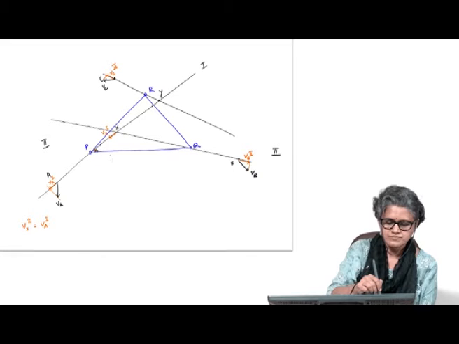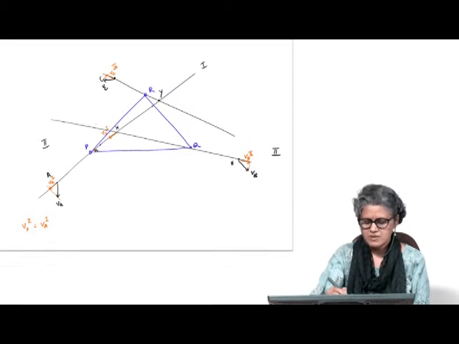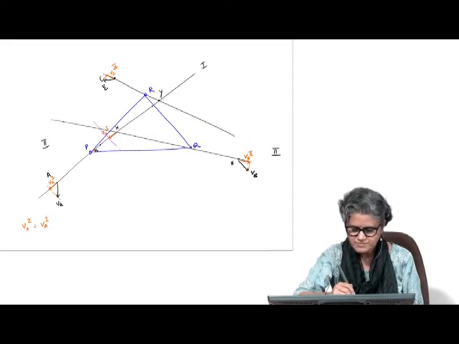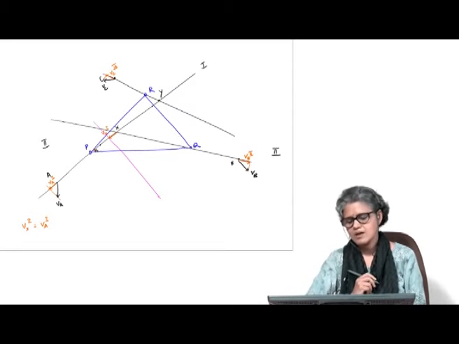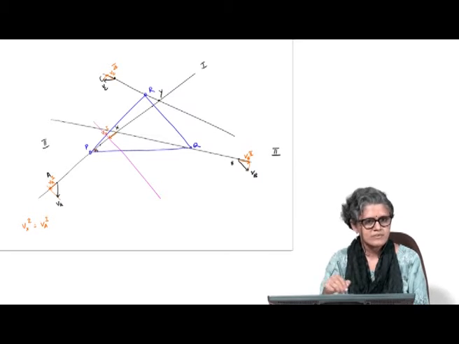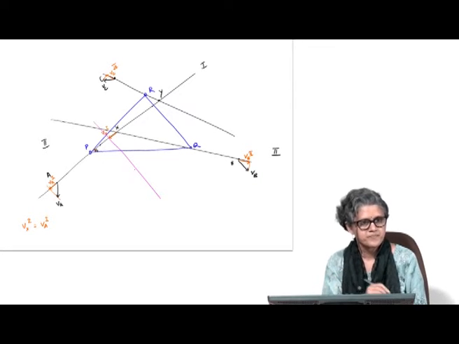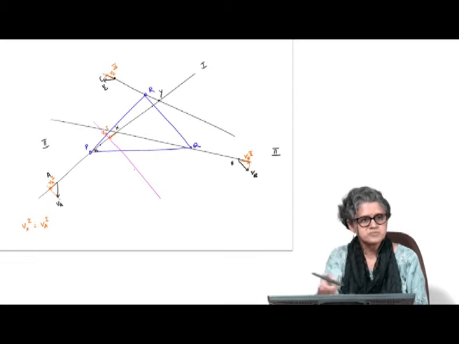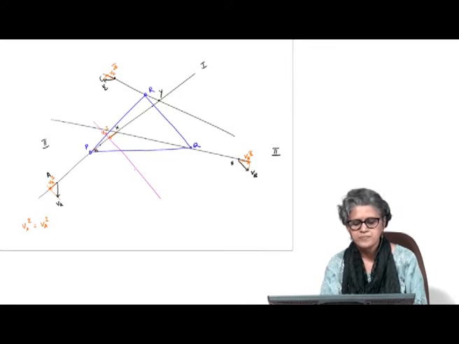This tells me that the head of the velocity of x should lie on the line that is perpendicular to this.